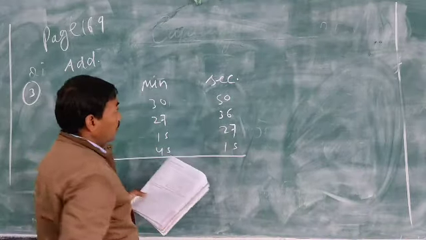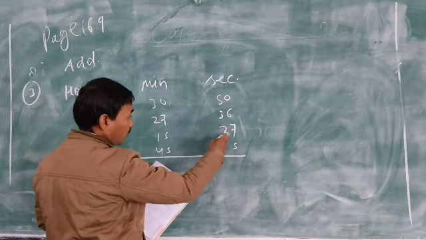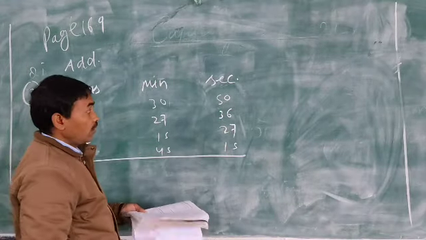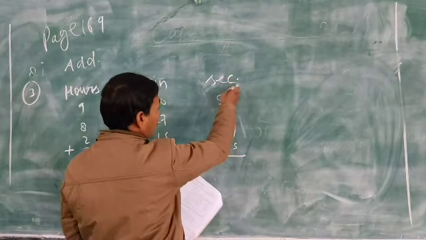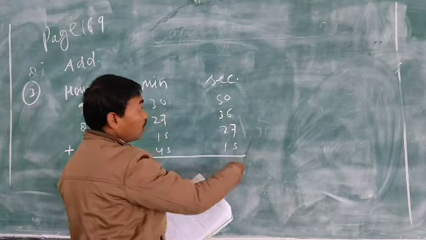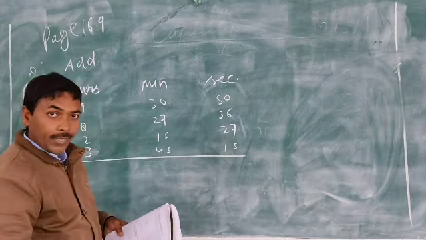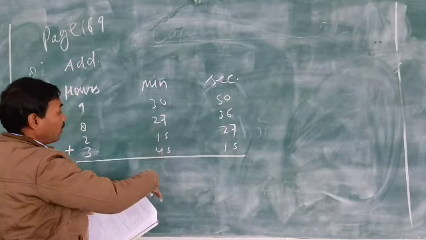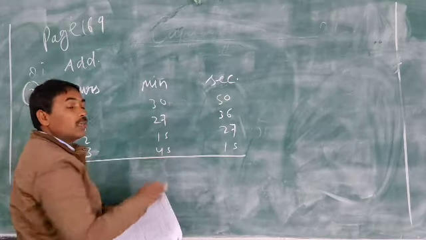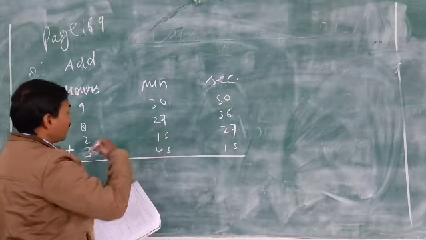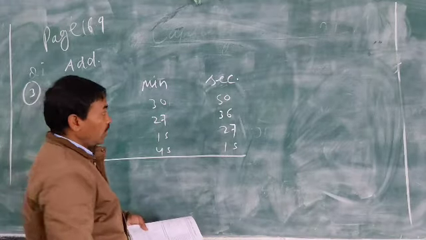We will add seconds. These numbers 50, 36, 27 and 15. I hope you know how to add, just like whole numbers. If the number of seconds is 60 or more than 60, then it will convert into minutes. And after that we will add minutes, and if it is 60 or more than 60 minutes, it will convert into hours, and the remainder we will write here.